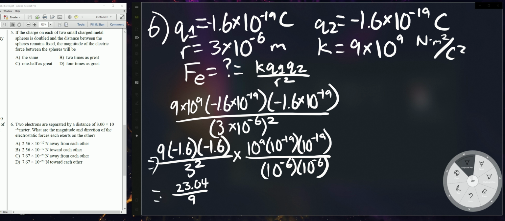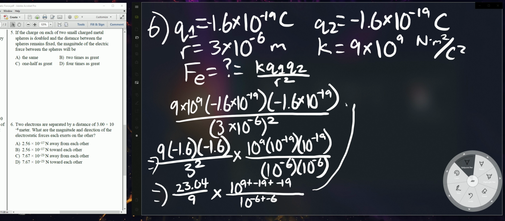So times 10 to the 9 plus, okay, I'll write it out for you. So plus negative 19 plus negative 19, because that's what exponents are. If you multiply them, you're adding the exponents, down here as well. So negative 6 plus negative 6. Let's move it all the way up here.